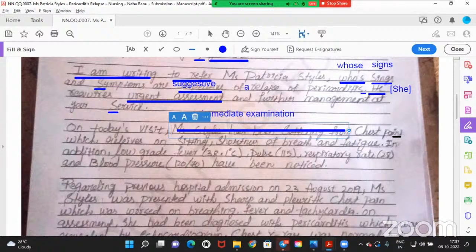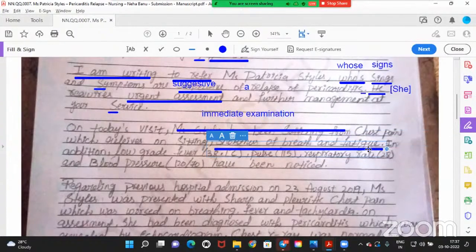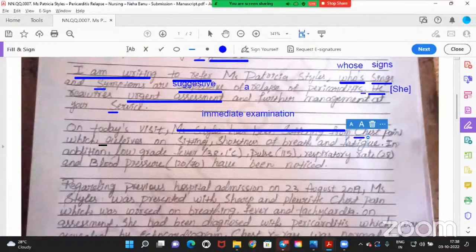Chest pain, comma, why capital letter C? C should be a small letter. Now, why did you write capital C? Chest pain, which is relieved on sitting. Which is relieved on sitting.